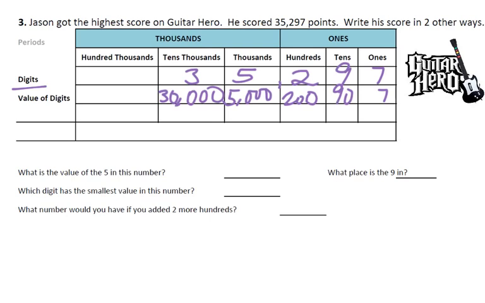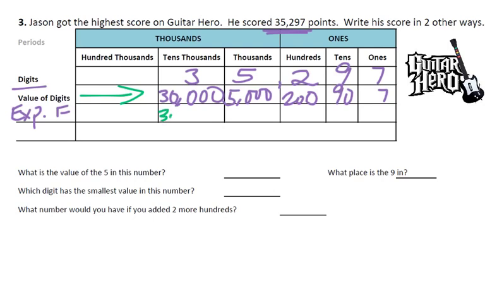Now they asked us to write his score 2 other ways. The first way they give us is standard form. Well, I know I can also do expanded form or expanded notation. So when I do that, I actually take the value of the digits, which is this row, and I separate them by the plus signs.